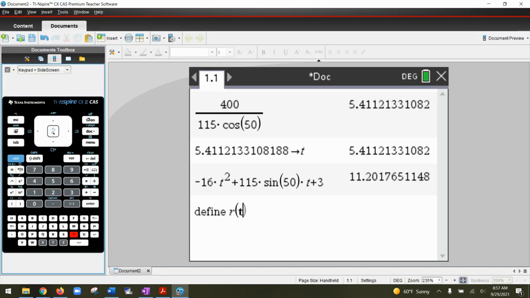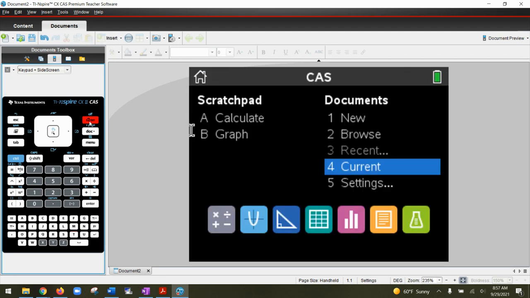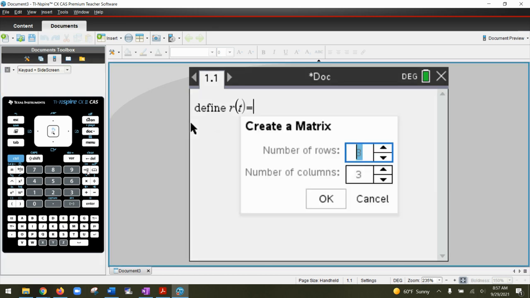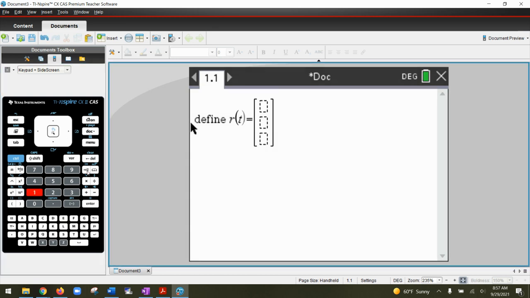So let's define r of t. Oh wait, I can't use t because it's defined elsewhere. Okay, so define r of t to be the vector function t squared and 3t.